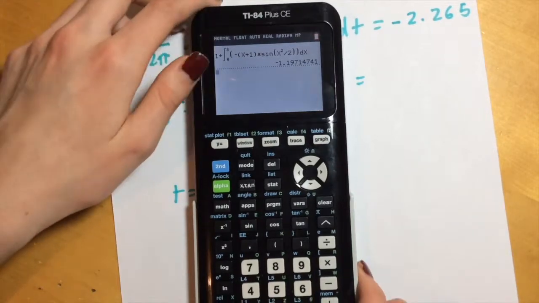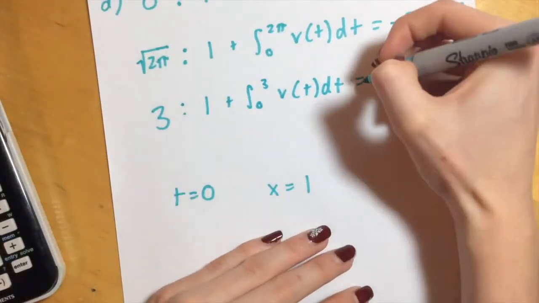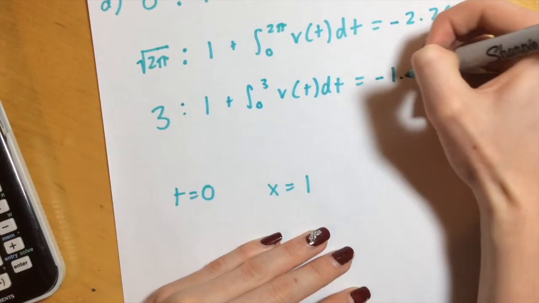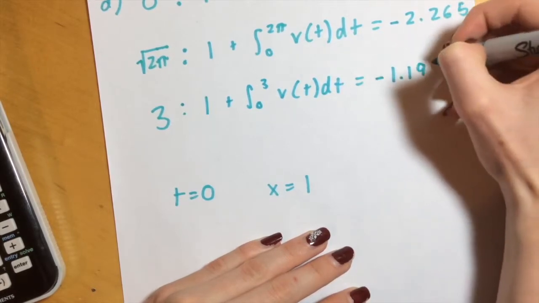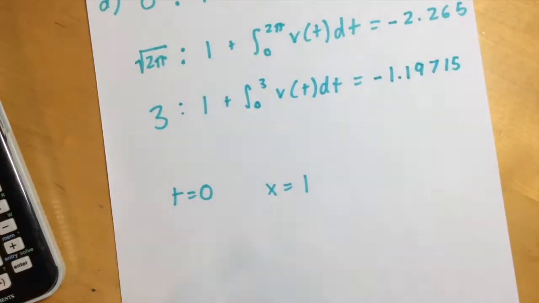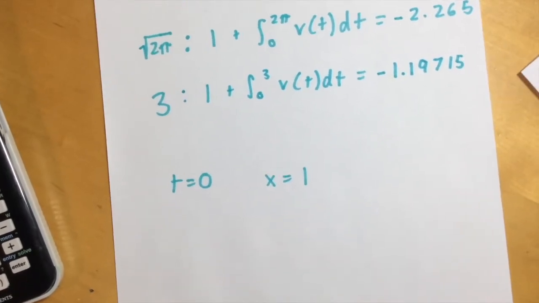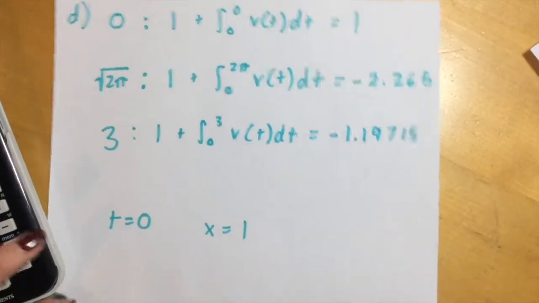And for this one, we are going to get negative 1.19715.